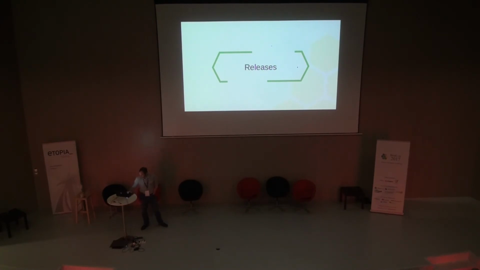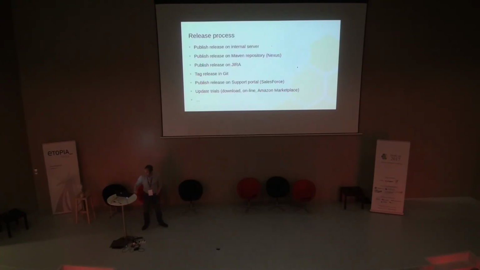Briefly, just one slide on the releases. I just wanted to show you all the things that can happen when we release. So releasing is not just pressing a button. The release process is that, of course, we provide release candidates, they are tested, QA test them, or automated processes test them, and then we find the one that we want to release, and then what happens?